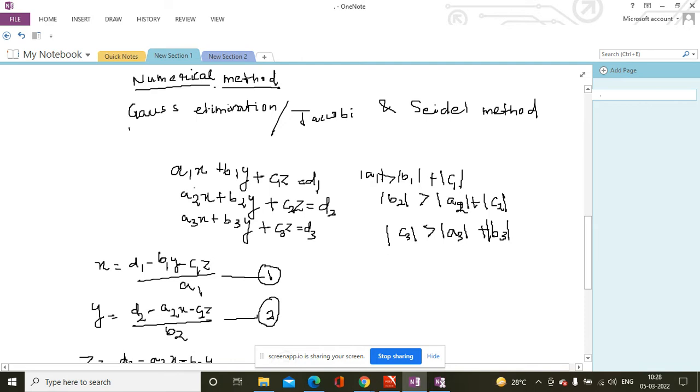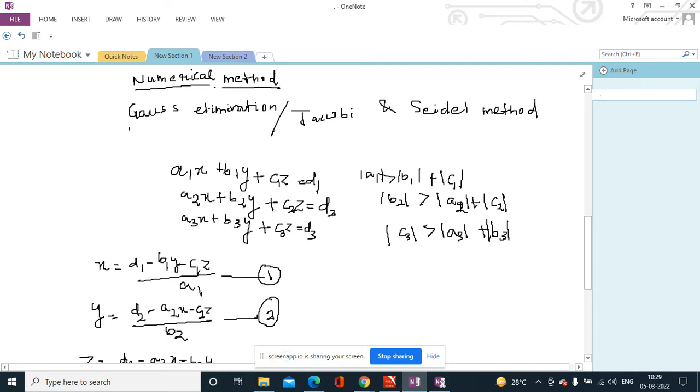In the second equation b2 is greater than a2 and c2, and in the third equation c3 has to be greater than a3 and b3.